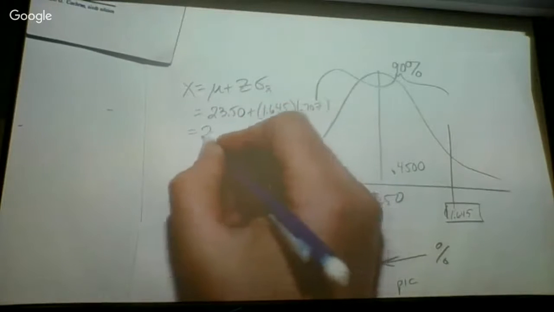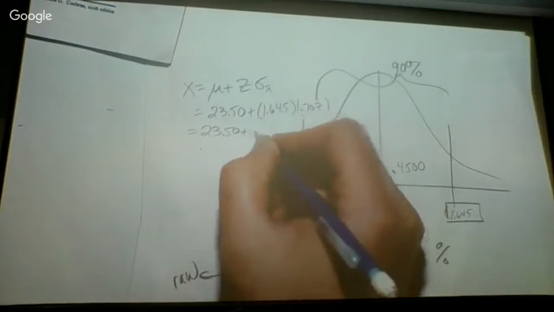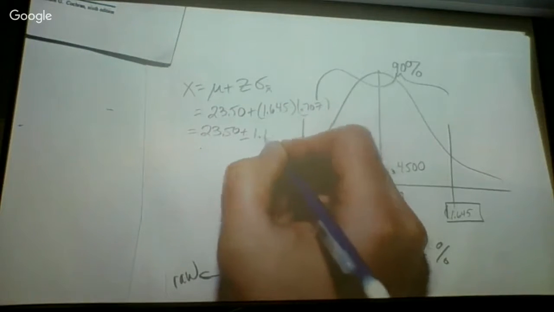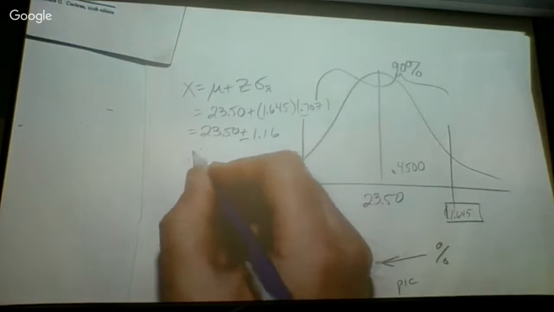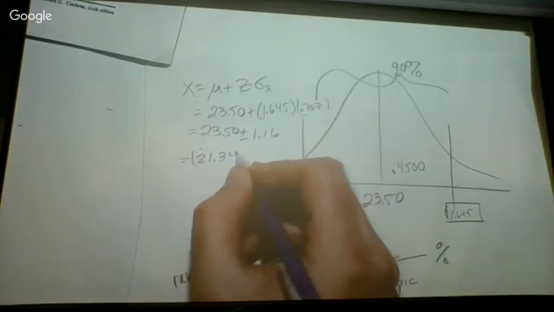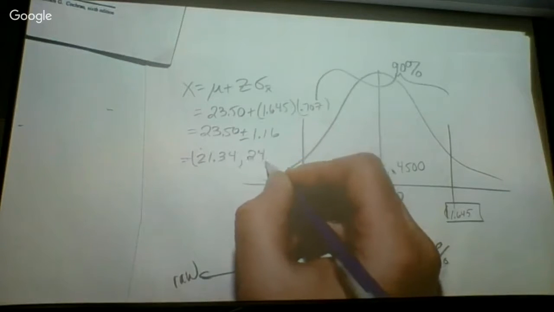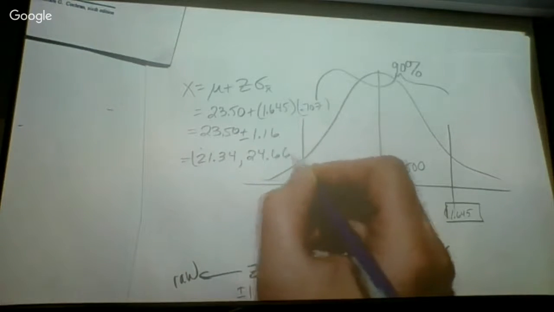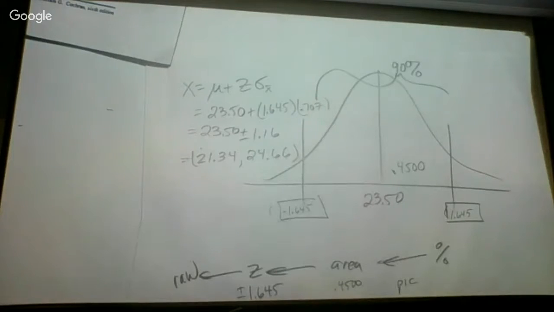$1.16. So $23.50 plus or minus $1.16 is going to set my bounds to $21.34 and $24.66. And hopefully there's something around that.